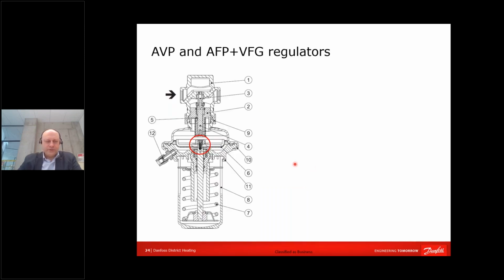Let's see how pressure controllers are constructed. They are constructed from the valve, which has an insert inside. We have a pressure control membrane with a setting handle. Some controllers might be for fixed setting without this handle.